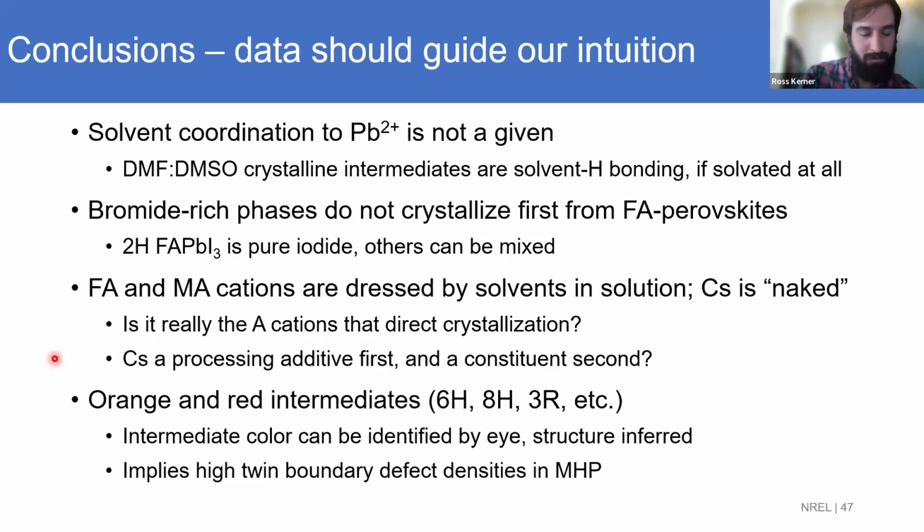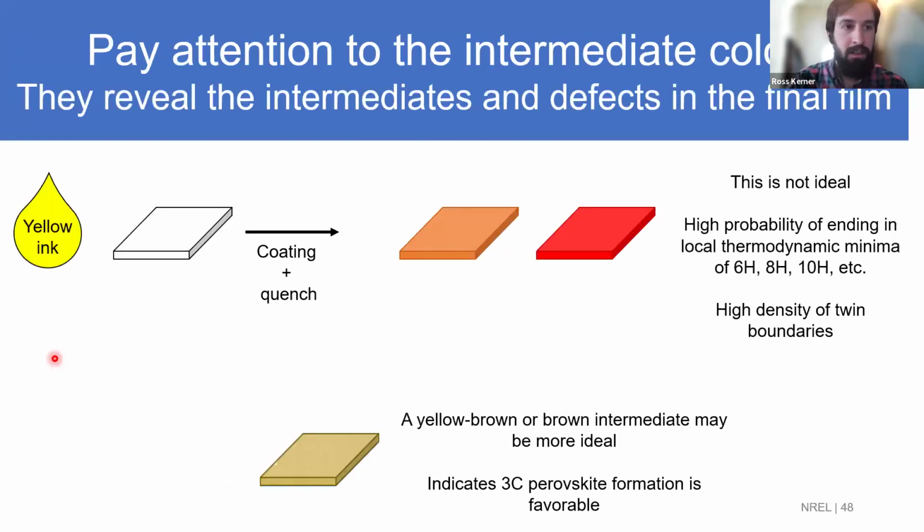And it's an open question about the twin boundary defects, but I think an interesting one. So my main point is pay attention to the intermediate colors. If you're working on systems that are well studied, you can pretty much know the structure without having to measure them, just by being very diligent on your observables.